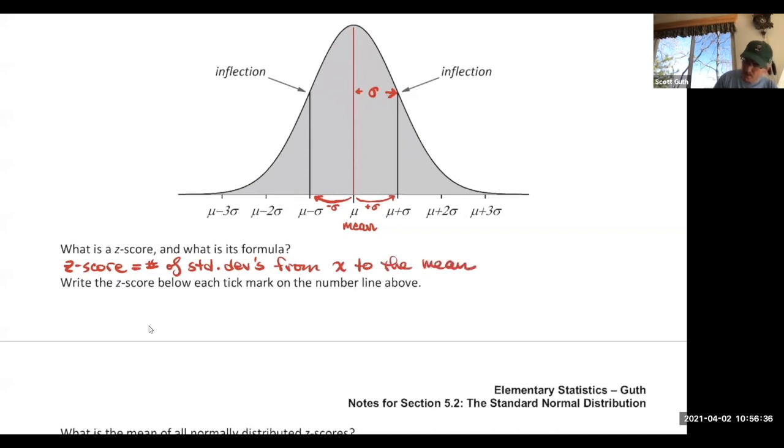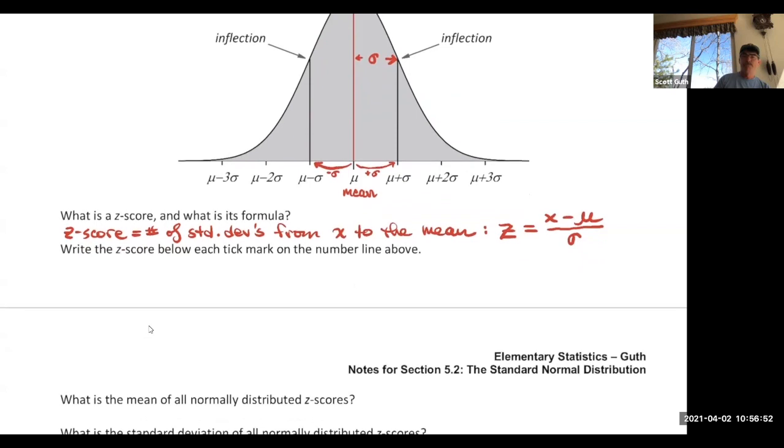So the formula is, to compute Z, you take X, you subtract the mean to find how far that is. And then you need to know how many standard deviations that is, so you see how many times the standard deviation goes into it.